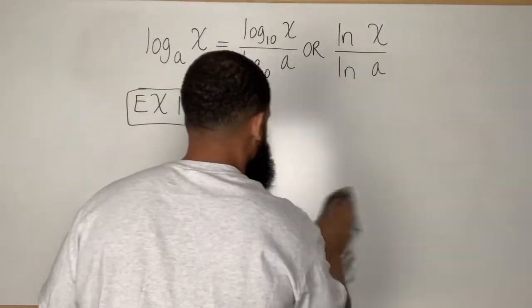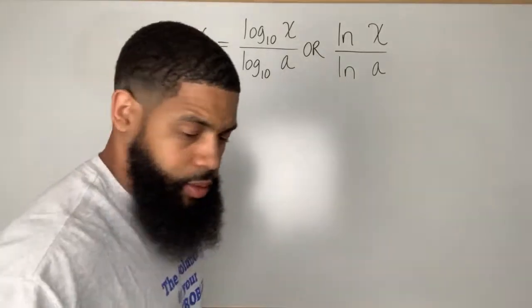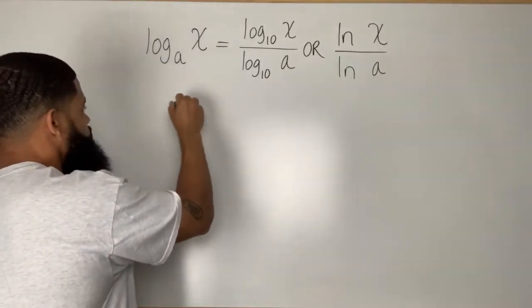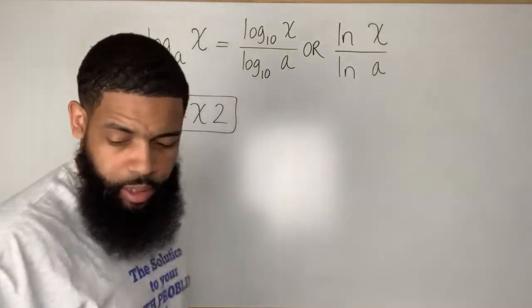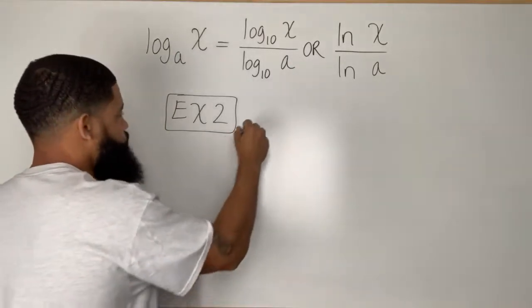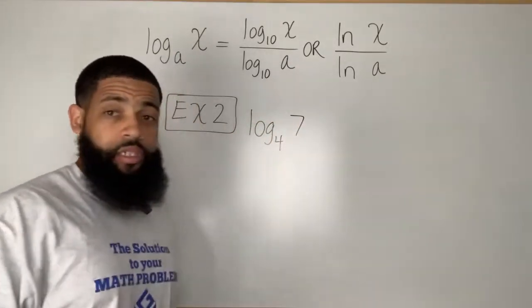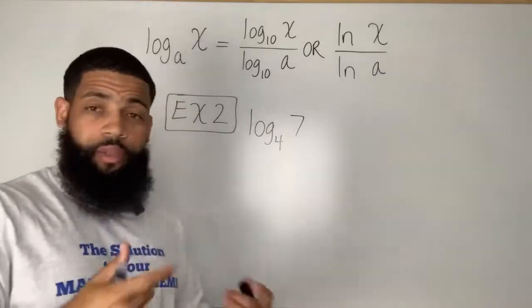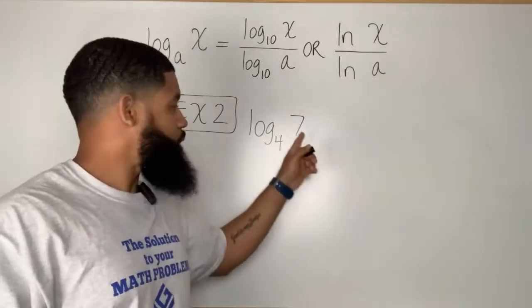All right, so I'm going to keep the rule up top, and let's do example 2. All right, example 2, I want to look at log base 4 of 7. And once again, thinking about exponent form, usually we would say 4 to what exponent equals 7?